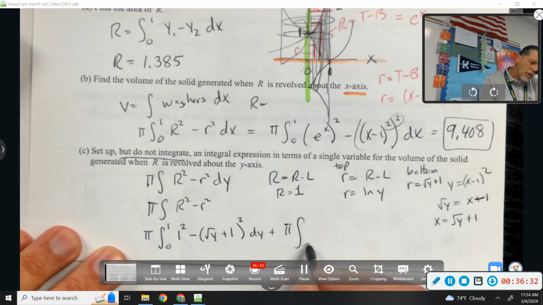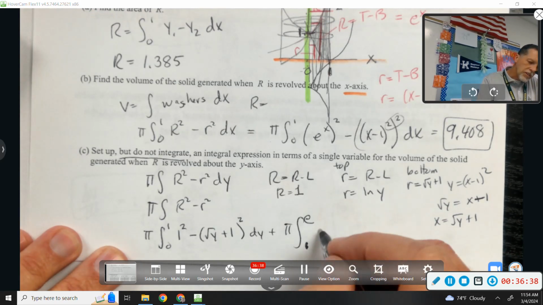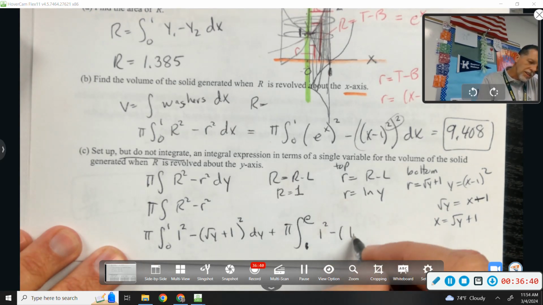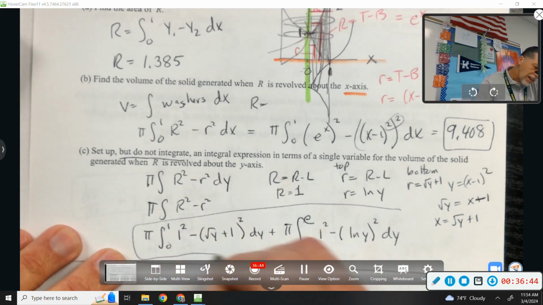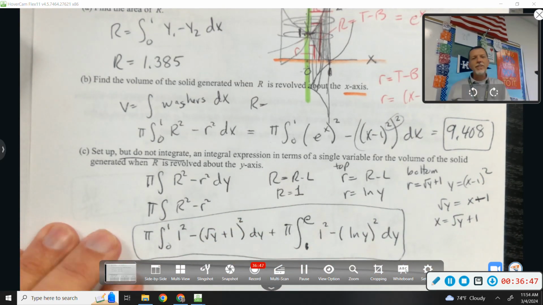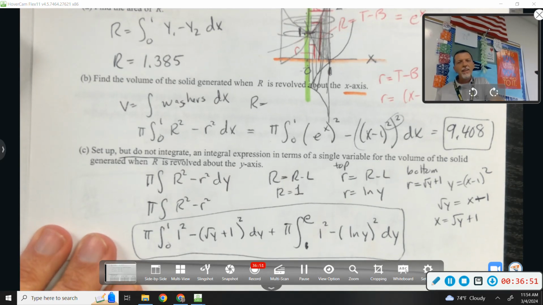And then the top part, from 1 to e, big R is still 1. Little r is natural log of y. And that's why it said set up but do not solve, because it would take too long to type all that in.